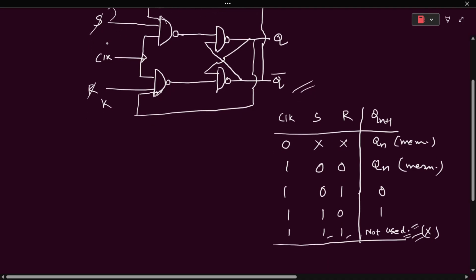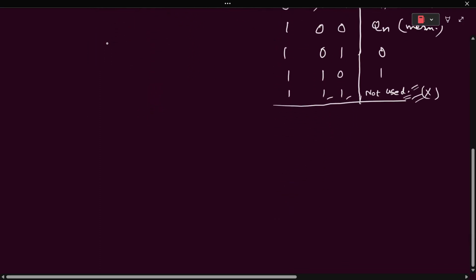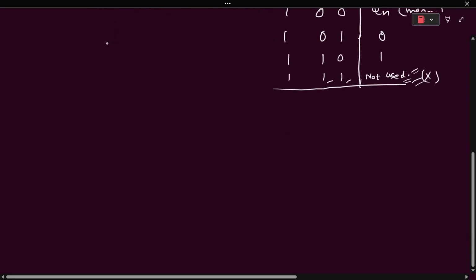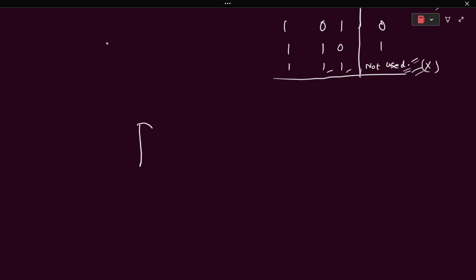Okay, so let's draw the circuit diagram of the JK flip-flop clearly here, a little bit, so we will be able to write down the truth table for that purpose. It will need bigger logic gates because these are 3 inputs.